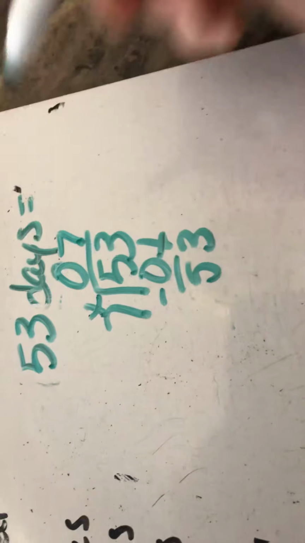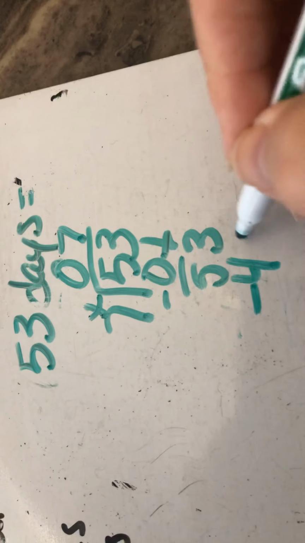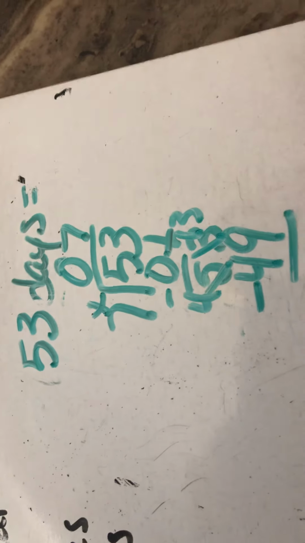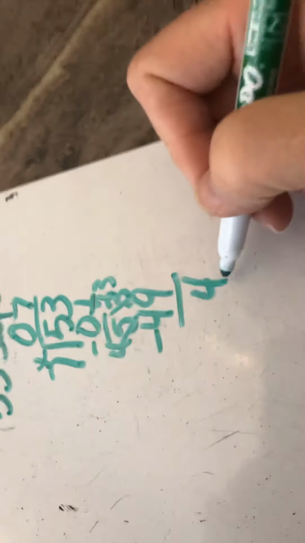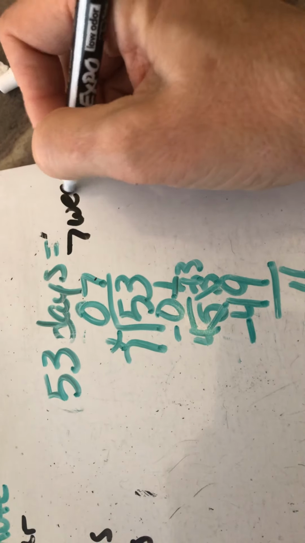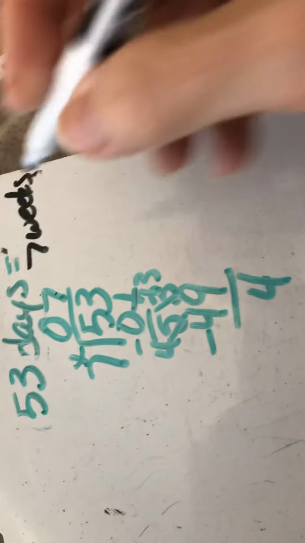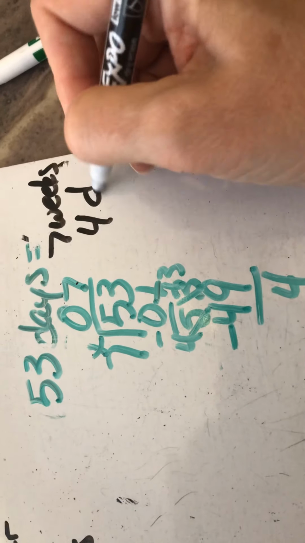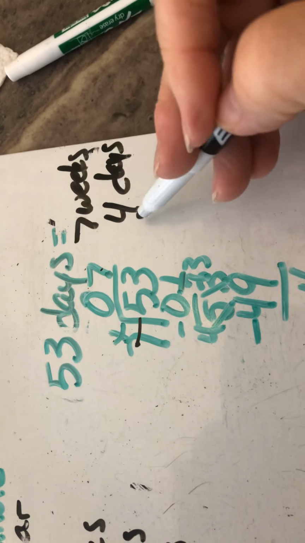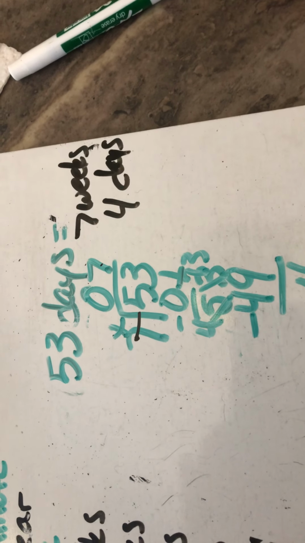Let's try that. If I take 53 minus the 49, yep, 4 is less than 7. So 53 days would be equal to, there's my answer, 7 weeks. My remainder, 4 days. 53 days is equal to 7 weeks, 4 days.